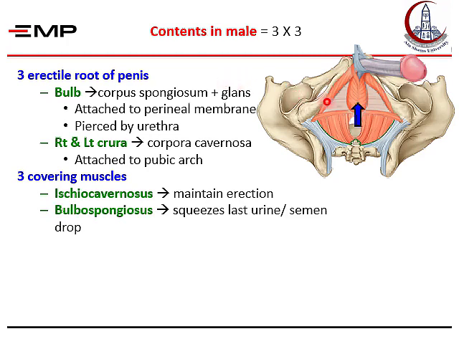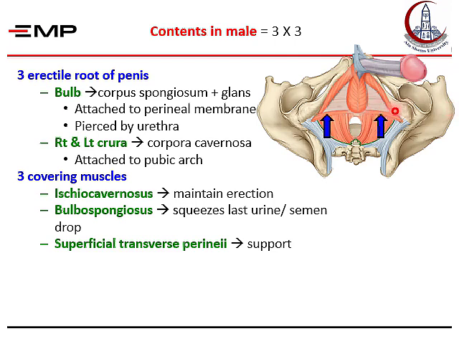The second one covers the bulb here. It's called bulbospongiosus, and as you can see, it's bipennate here. It winds around the penis, fibers on one side and fibers from the other side, and then reunite on its dorsum. So when it contracts, it squeezes the corpus spongiosum and squeezes the urethra to expel the last drop of urine or the last drop of semen during ejaculation.